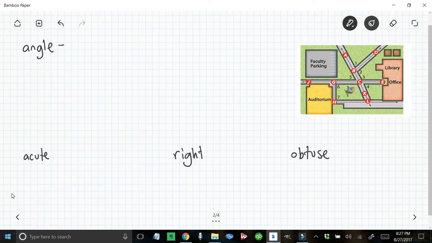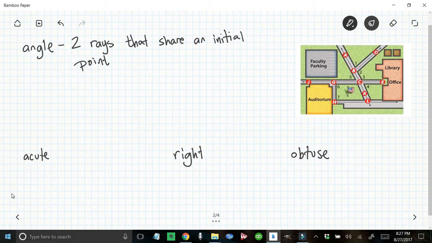An angle, the definition is that it's two rays that share an initial point. So if I draw two rays that share the same initial point, then that would be the angle.